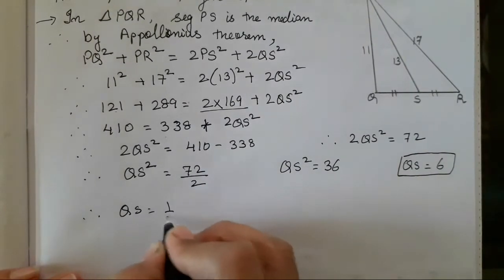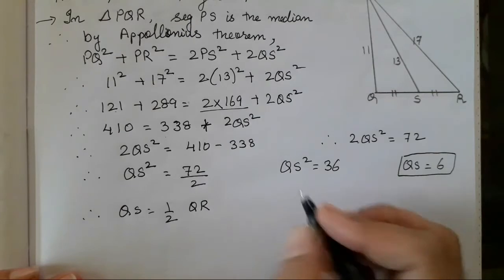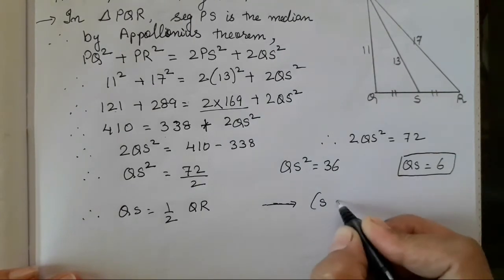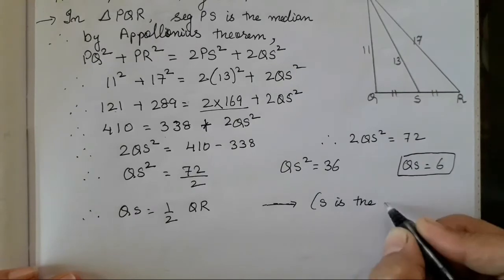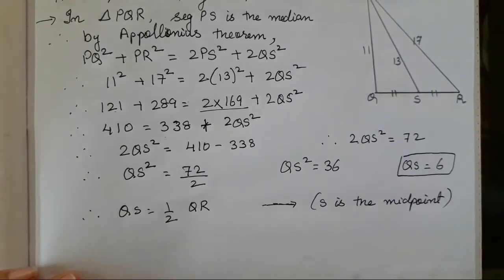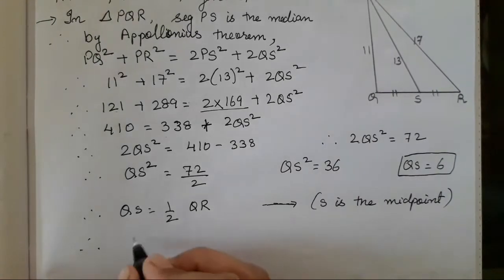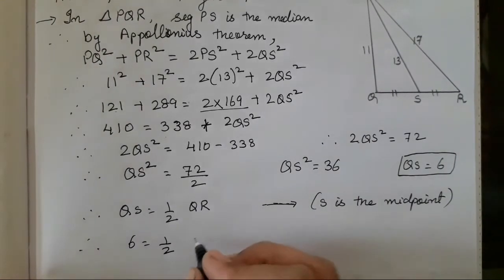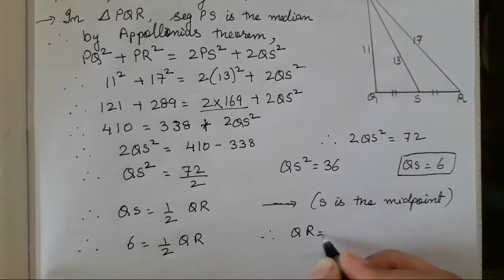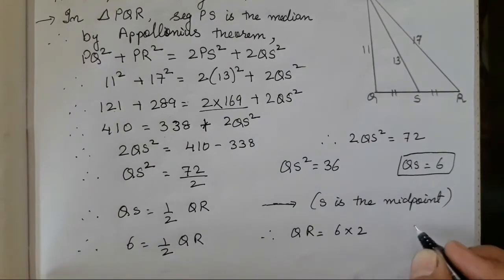Now this is very easy to find. QS is equal to half of QR, as S is the midpoint. This reason you all can give: S is the midpoint. So QS is 6, which is QR upon 2. Therefore QR is equal to 6 into 2. Therefore QR is going to be 12.